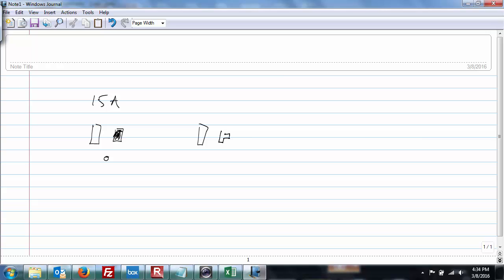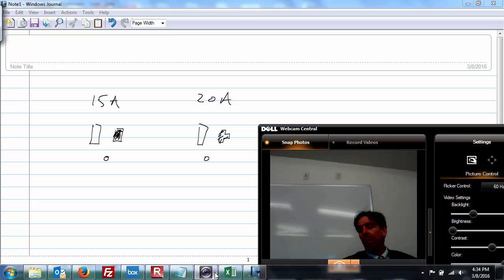And then if you see this one, again, it's going to be your black. Here's your 20 amp circuit. And all refrigerators are required by code to be on their own line. You don't put your fridge and your microwave and your toaster oven on the same line. So your fridge is going to be on one line.